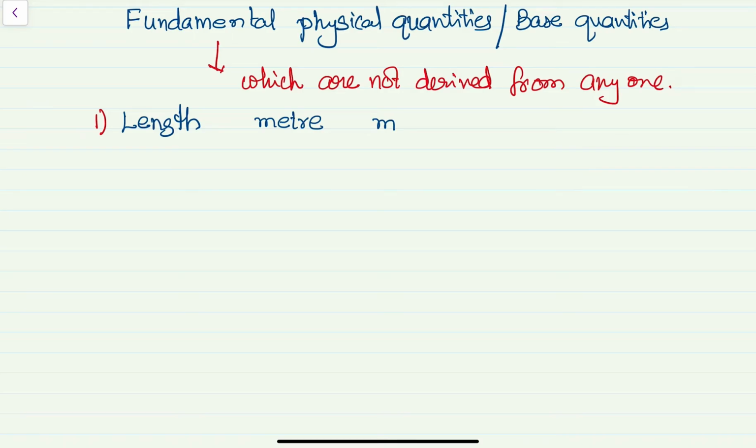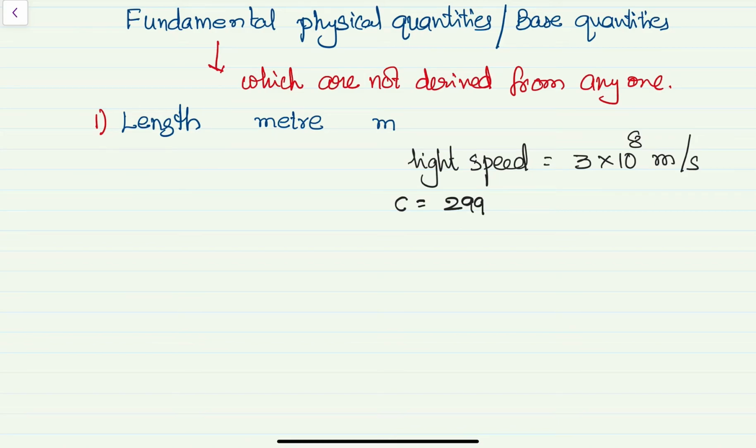How to define it? We will take advantage of the speed of light. What is the value of the speed of light? You might know, it is 3 into 10 power 8 meters per second. Exactly, the speed of light c is equal to 299,792,458 meters per second.